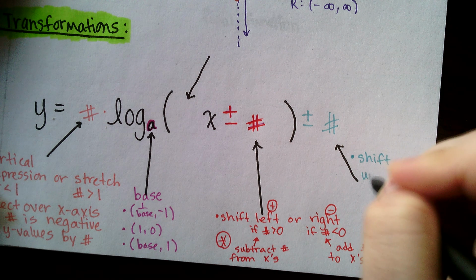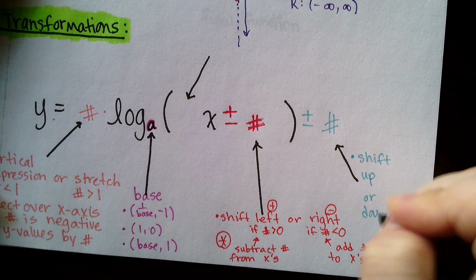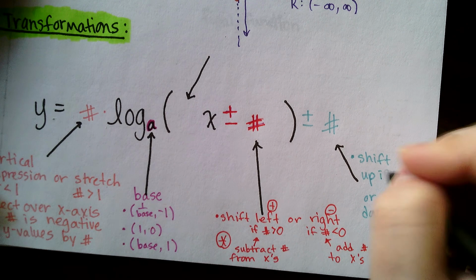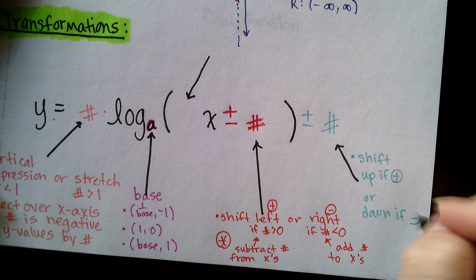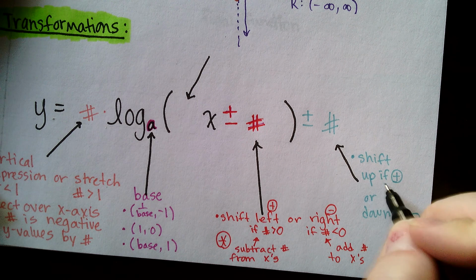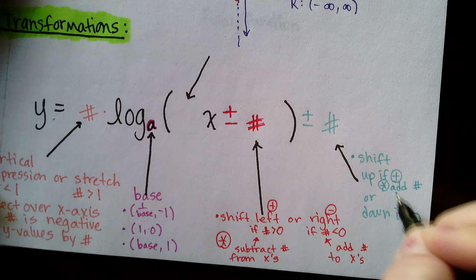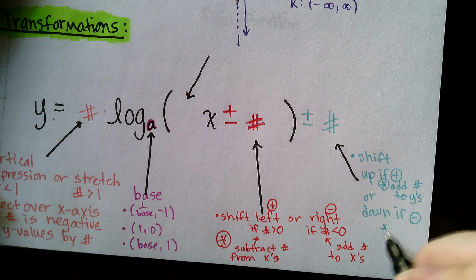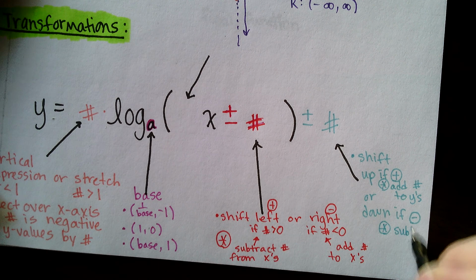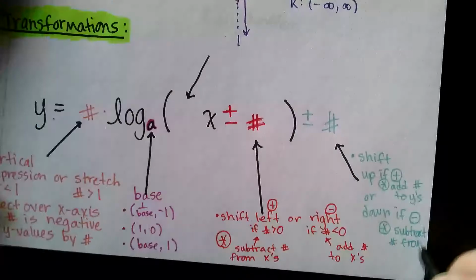It's a shift up if it's positive. It's a shift down if it's negative. So if it's shifting up, you're going to add the number to the y coordinates. If it's shifting down, you're going to subtract the number from the y's.